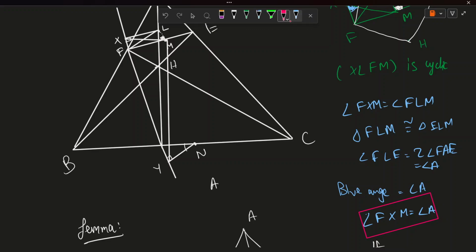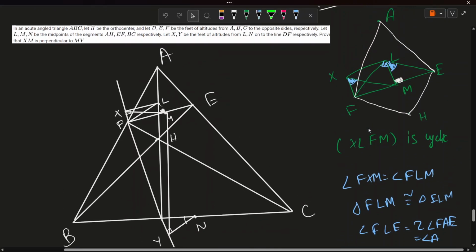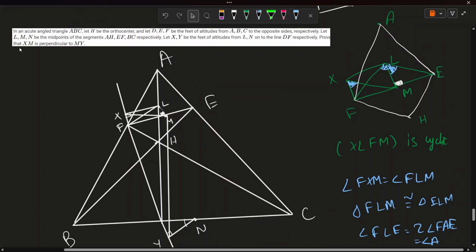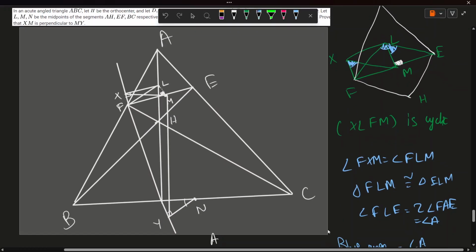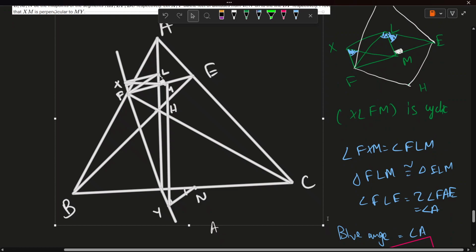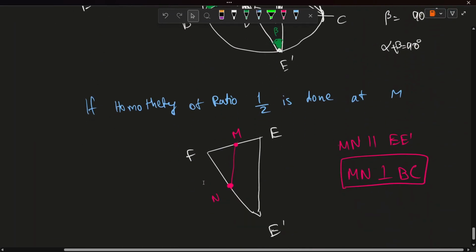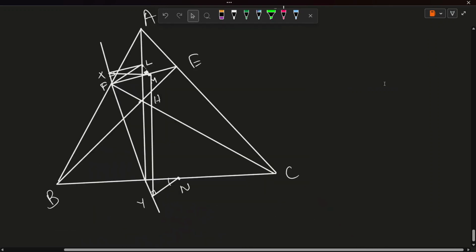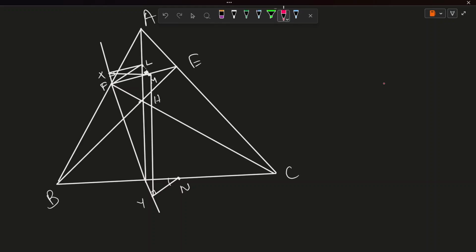Secondly, let me copy this diagram again. So this is what we get.